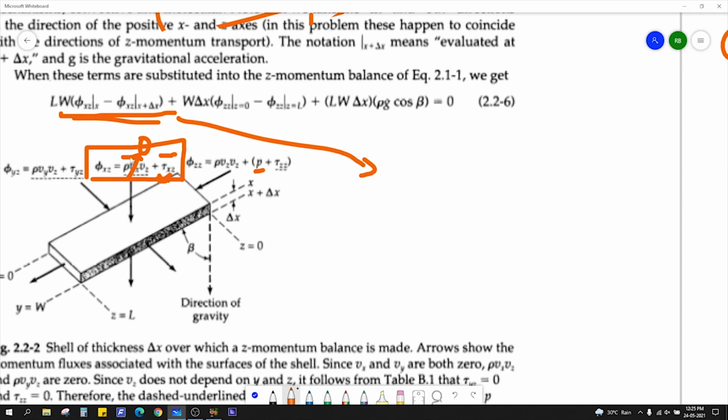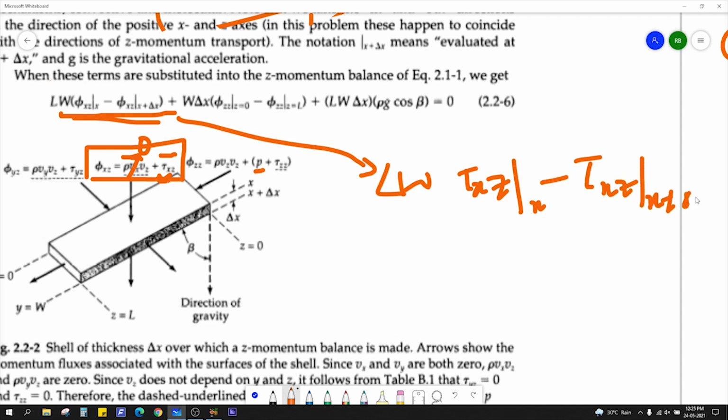If you simplify this, it will become Lw times tau xz in at x minus tau xz out at x plus delta x. Fine, this term is clear.